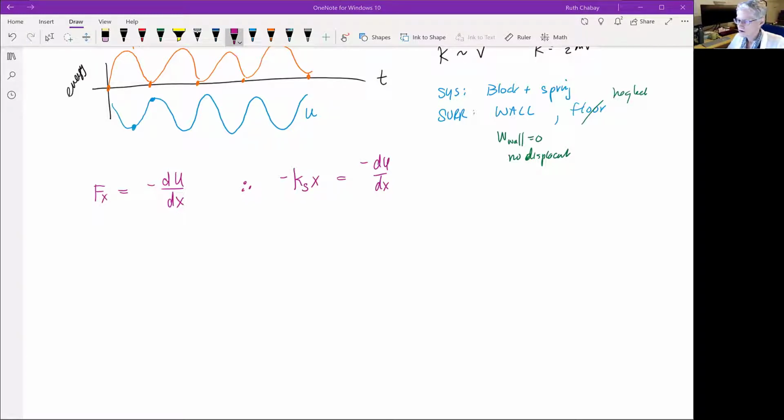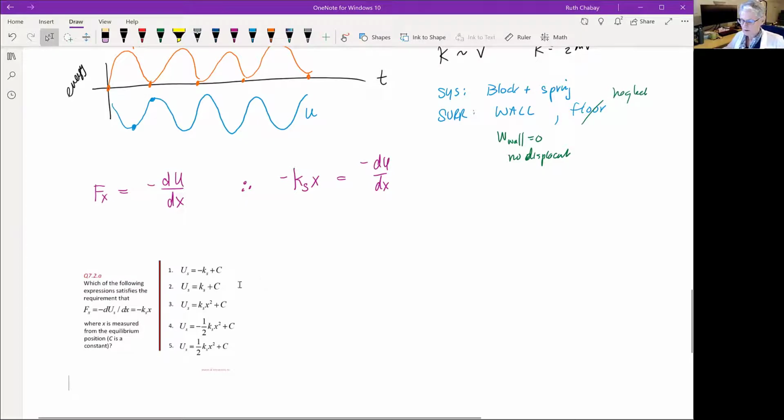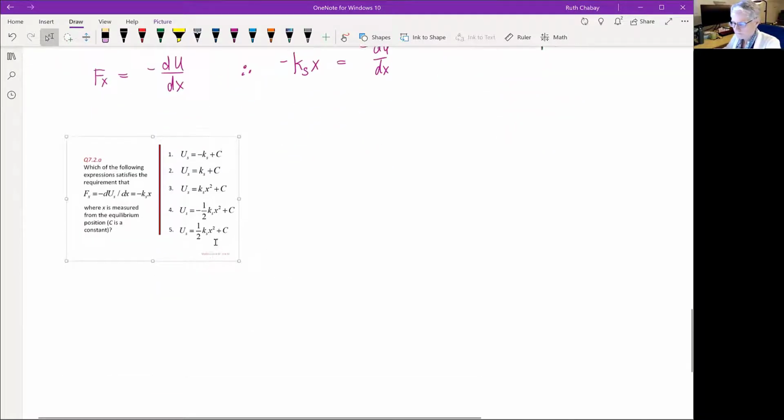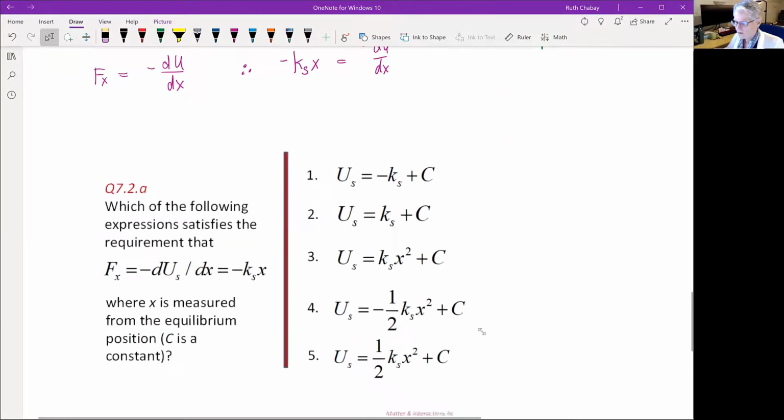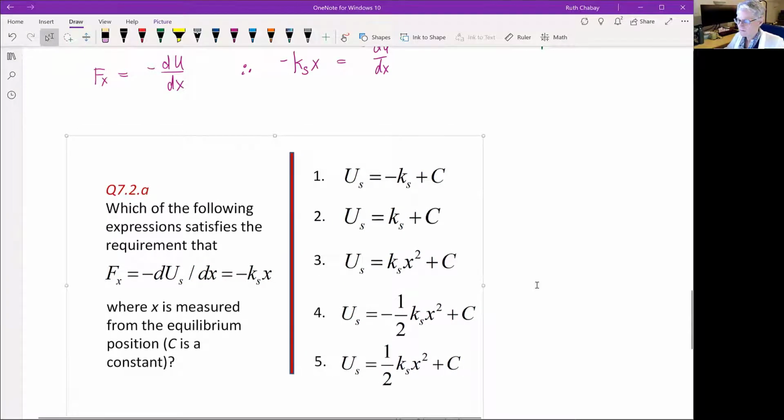So let's think about what the form of the potential energy function has to be here. So here's our question.